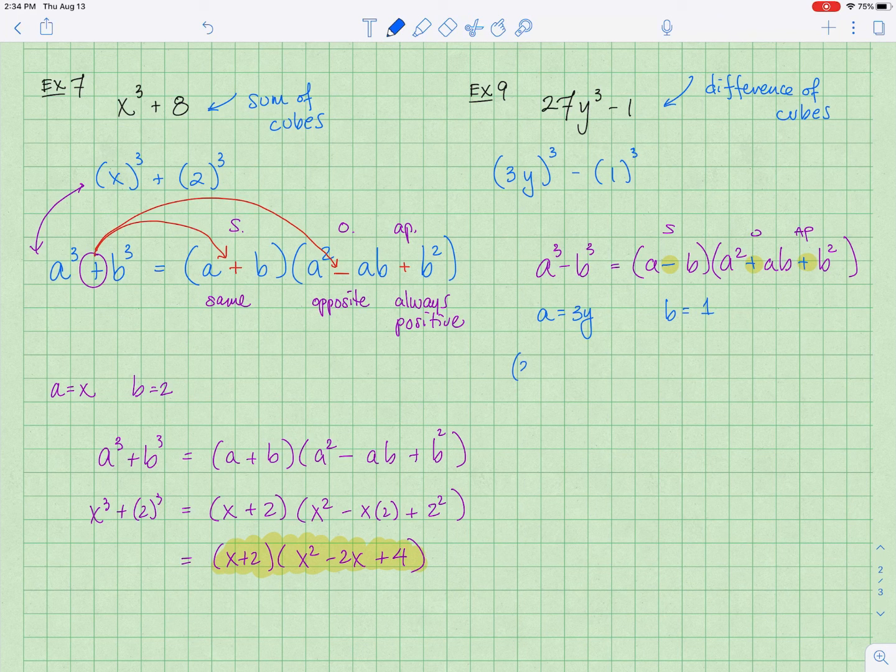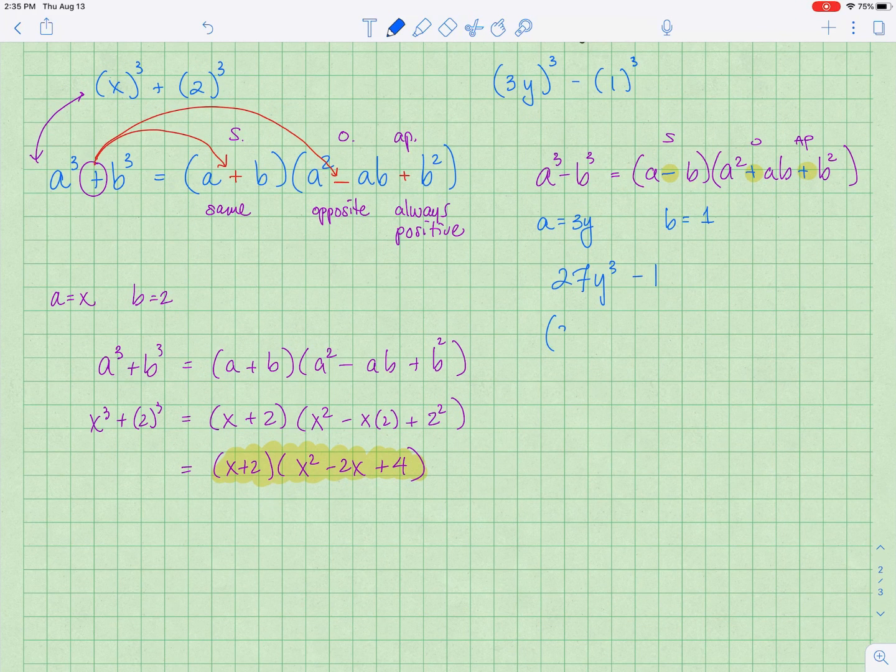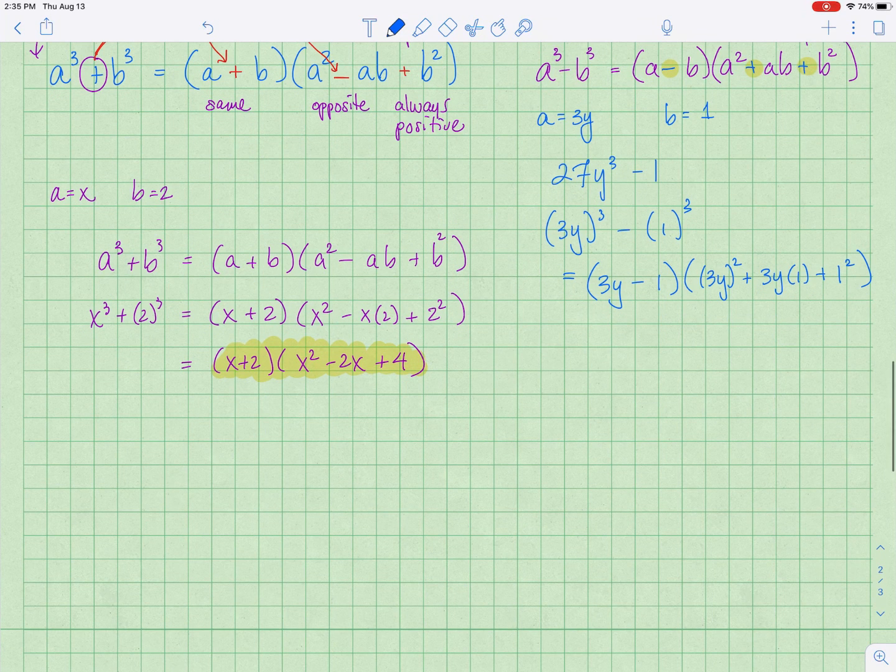So what was 27y cubed minus 1, which we rewrote as 3y cubed minus 1 cubed, factors as 3y and 1, 3y squared, 3y times 1, and 1 squared, where the signs are the same, opposite, and always positive.